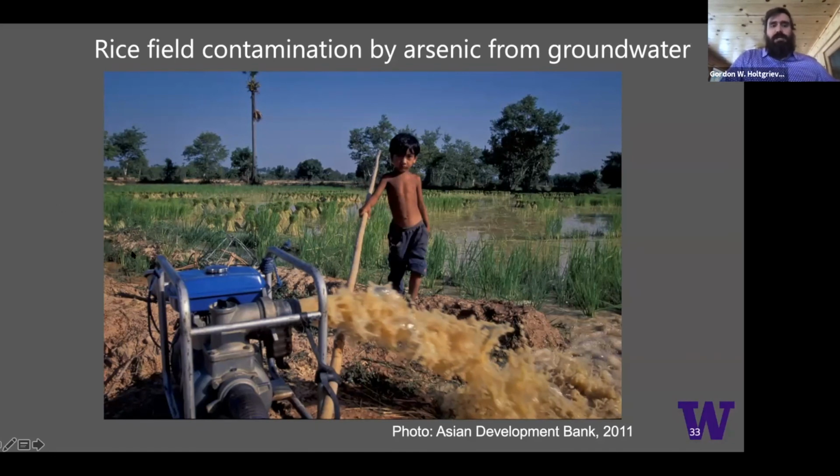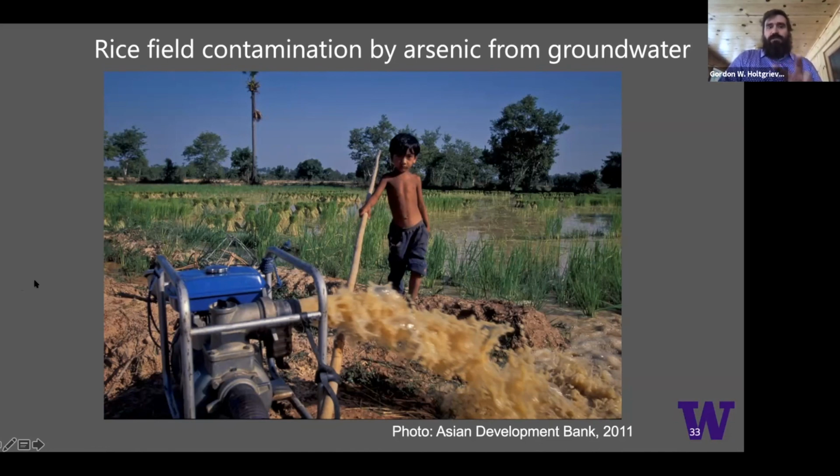What's happening here is that there's an increased amount of pumping of groundwater to flood rice fields to grow more rice in the region. That pumping is coming out of groundwater, and that groundwater is contaminated by arsenic. The reason people are pumping more is twofold. They want to make more rice from an economic expansion perspective, but also because the flood dynamic is changing and there's not as much water there to capture as used to be there.